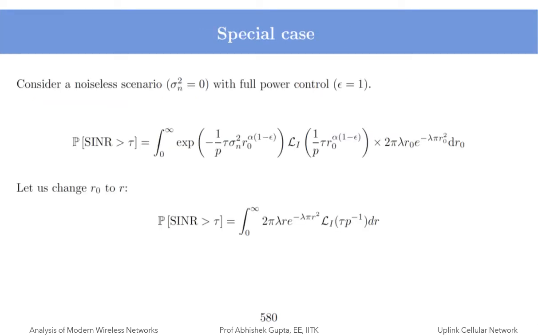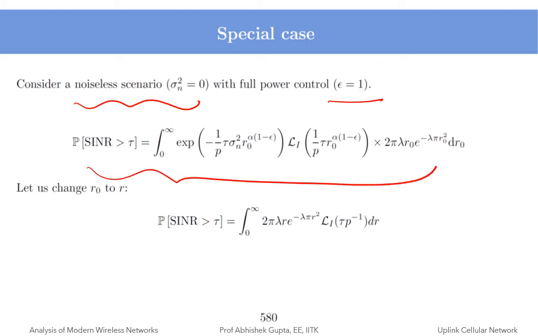Now this is rather a complicated one, so I will take some special cases. Let's take a case which is the noiseless scenario, meaning sigma_n square is 0, and full power control, which means epsilon is equal to 1. If you take this coverage probability expression and put epsilon equal to 1, you will see this term will become 0. This means r_0 to the power 0, so that is just 1.